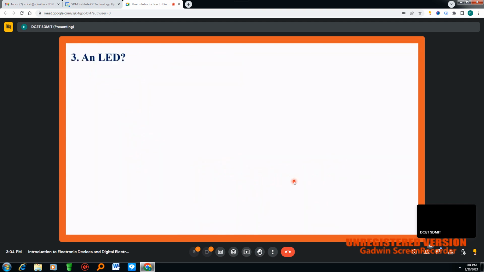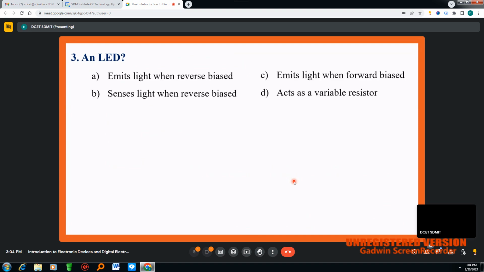Now we'll proceed with one question in your DCT. There is an LED. They gave some options: emits light when reverse biased, emits light when forward biased, senses light when reverse biased, acts as a variable resistor.